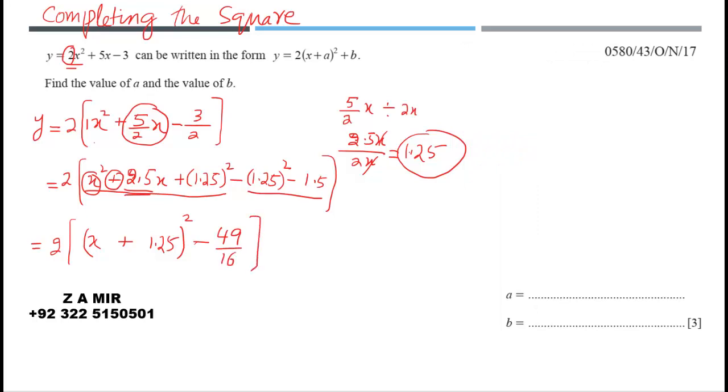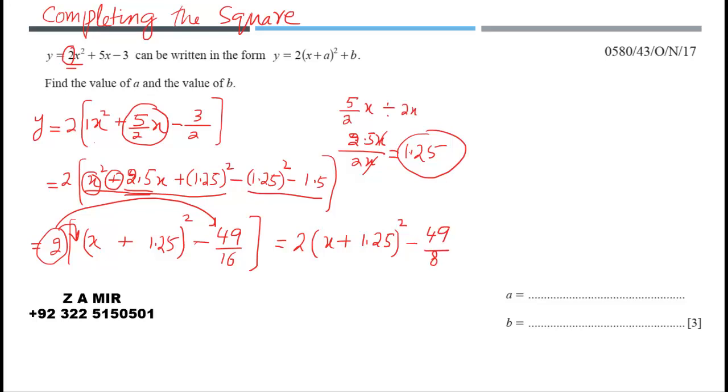Okay, and now I will multiply this to here and here as well. So this will become 2 times x plus 1.25 whole square, and when we multiply 49 over 16 by 2, it will become minus 49 over 8.